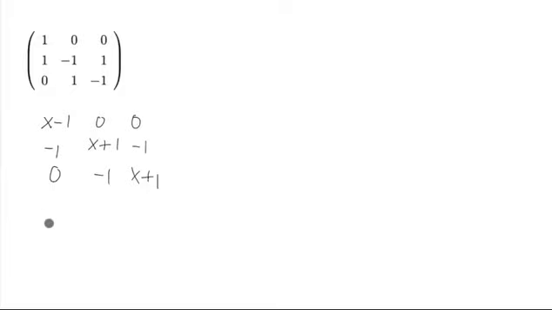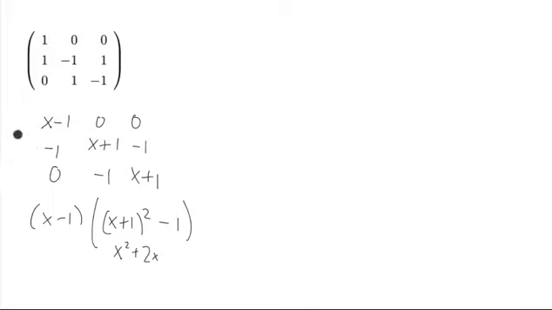So we end up getting x minus 1 multiplied by x plus 1 quantity squared, and then minus 1. Okay, so we can work that out. x squared plus 2x plus 1 minus 1, which is just x squared plus 2x.